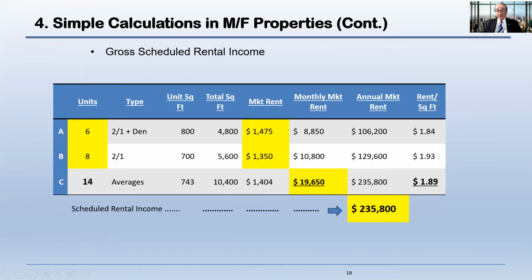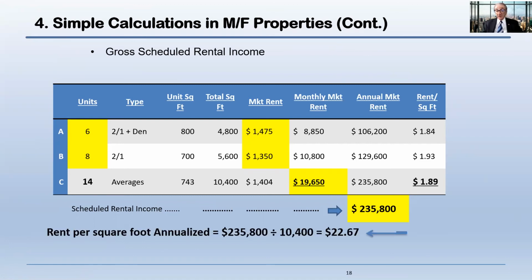So if each apartment was 800 square feet, there were 6 of them, and there were 8 of them at 700 square feet, the total square footage of the building was 10,400 square feet. And the annual rental income was 235,800. It's very important to break it down this way.